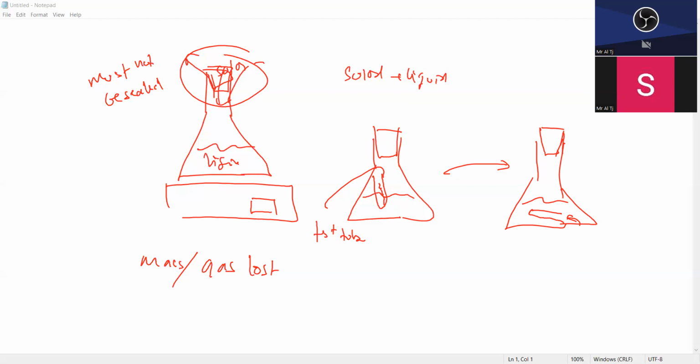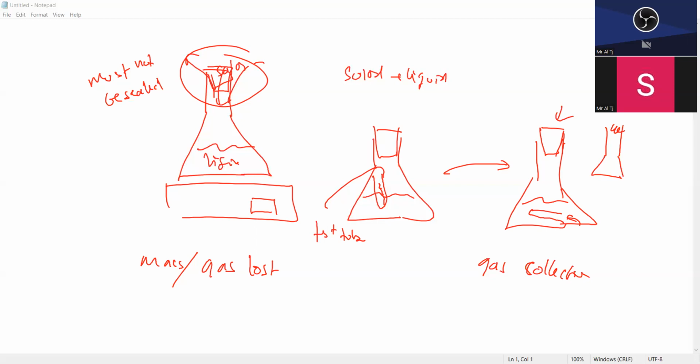It's the other way around if you are using the gas collection method. Make sure that this one is sealed and you're not going to use glass wool or any possibility for gas to escape.